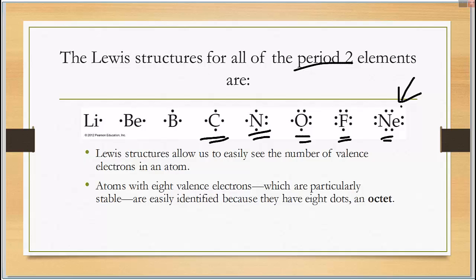So when looking at that, there's our 8. That's called the octet. Lewis structures allow us to easily see the number of valence electrons in an atom. Atoms with 8 valence electrons, which are particularly stable, are easily identified because they have 8 dots. It's called the octet rule.